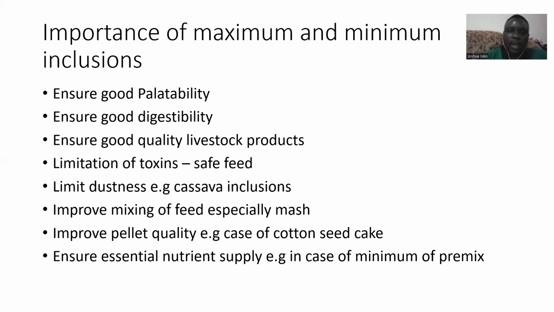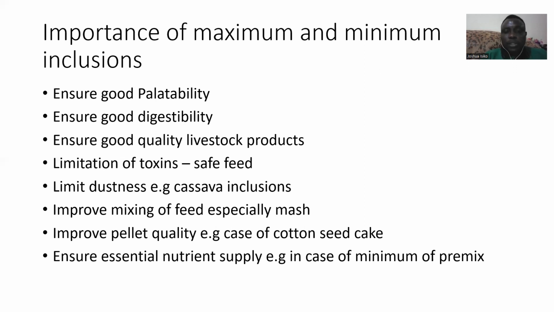How does the egg last on the shelf? How does the meat taste? So certain inclusions, especially for products that have a lot of fat or with the ether extract, we limit their inclusions just because we want to improve the quality of the products that we are going to harvest.